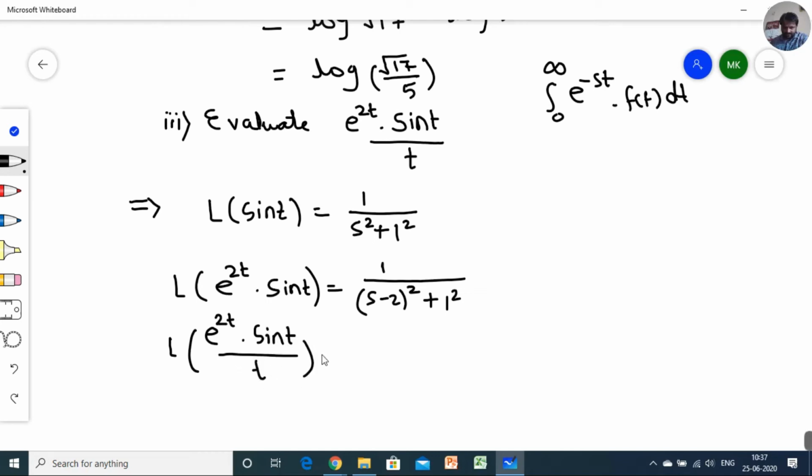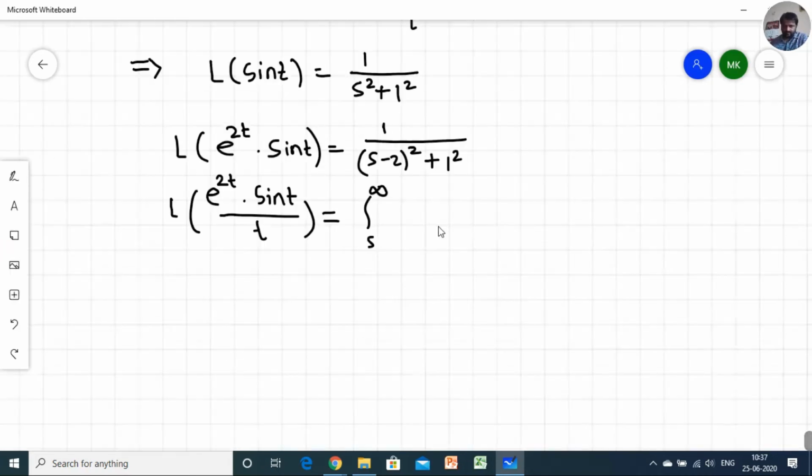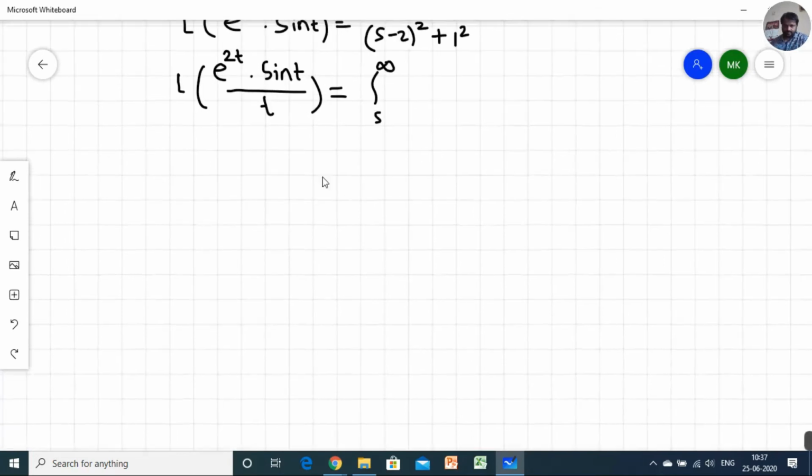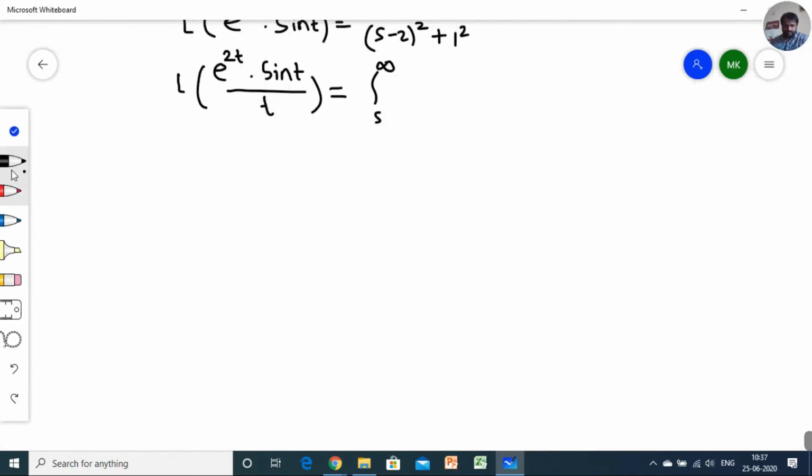So that is equal to integral s to infinity, and the Laplace of this part is kept as it is, 1 upon (s minus 2) the whole square plus 1 square into ds.